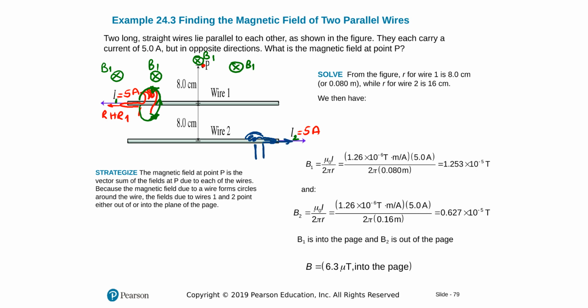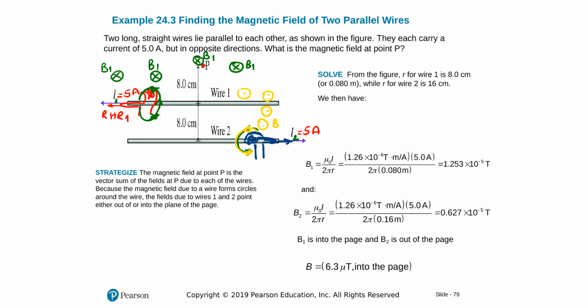My thumb should be along the current, and then I grab my wire in that fashion. This will be my fingers. And here's how my fingers are curling then, in this fashion, right? So let me not use green here, I'll use yellow maybe for B2. This is the B2 fashion. It's out here, and it will be out everywhere on this side.